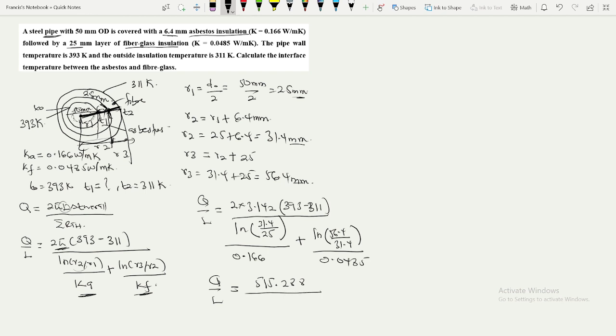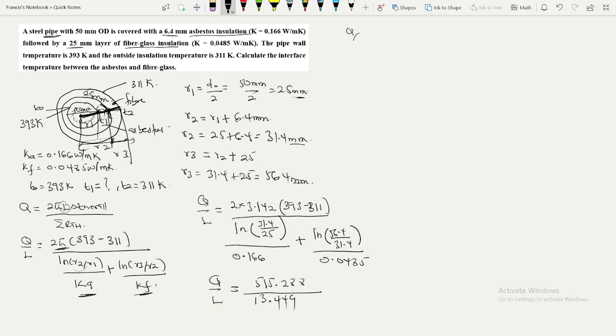is 515.288, all divided by, evaluating this portion, ln 31.4 divided by 25 all over 0.166 plus ln 56.4 divided by 31.4 all over 0.0485, and that's giving us 13.449.